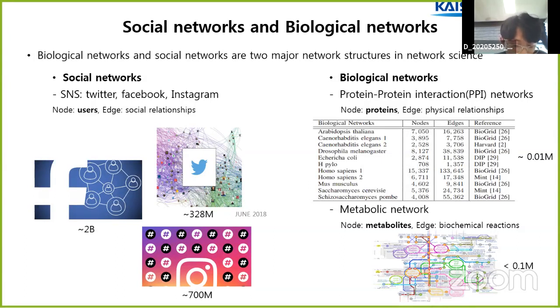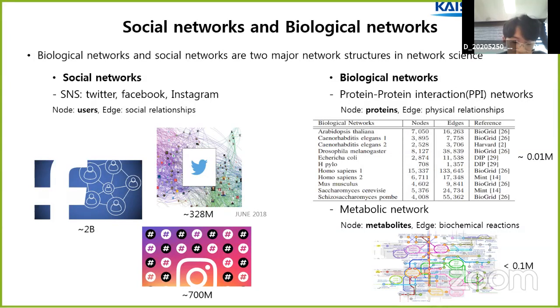In 2018, the number of active users in Facebook is about 2 billion, also 700 million for Instagram, and around 300 million for Twitter. So if we make a network using the users' information, each user can be a node of the network, and social interactions can be the edges of the network.